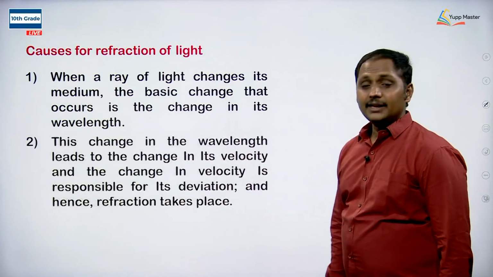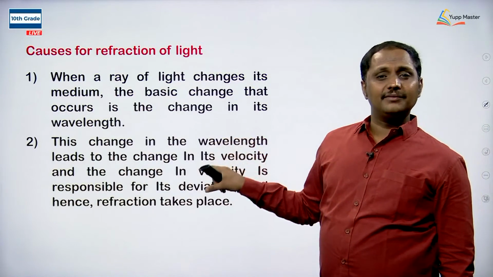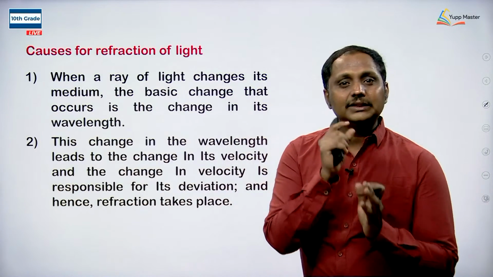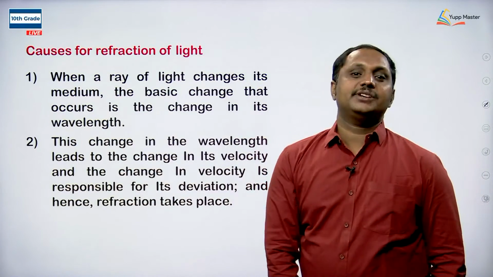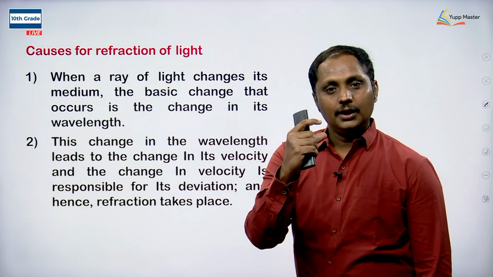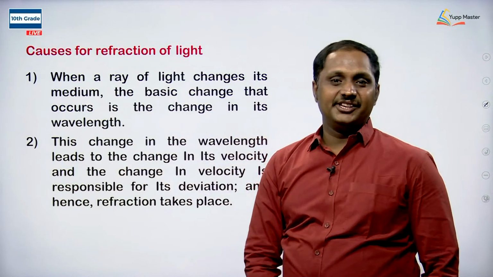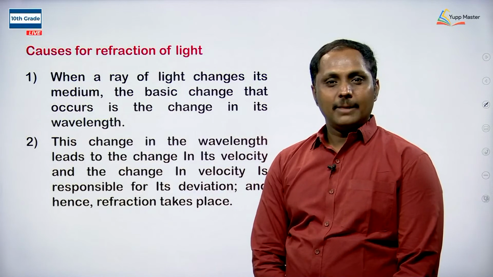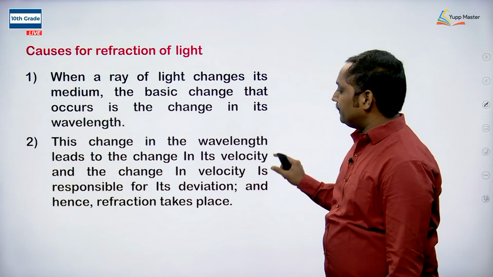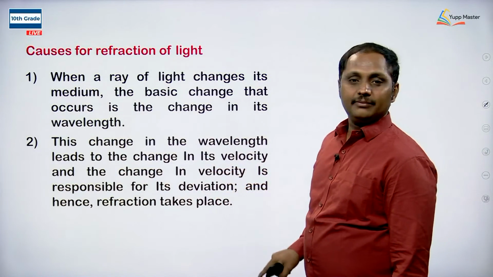Now, you have to take that this change in wavelength leads to the change in velocity. You have discussed why the wavelength changes. It is very clear: the wavelength of the refracted light changes due to the change in its energy. Velocity is one parameter responsible for the deviation.